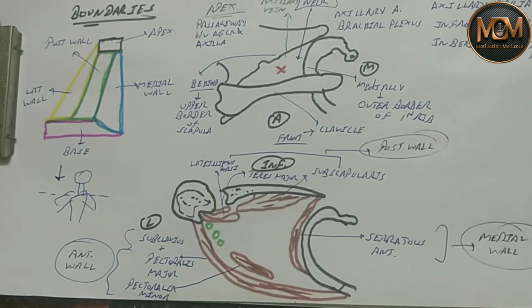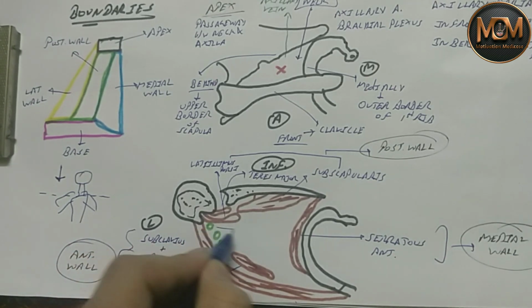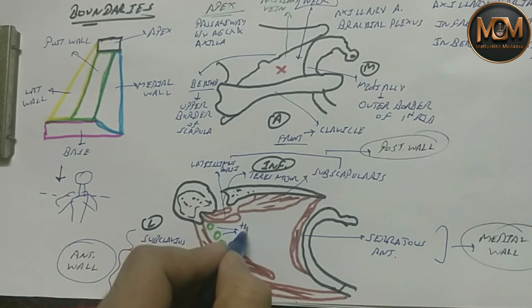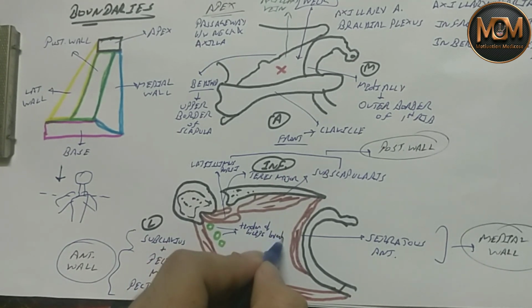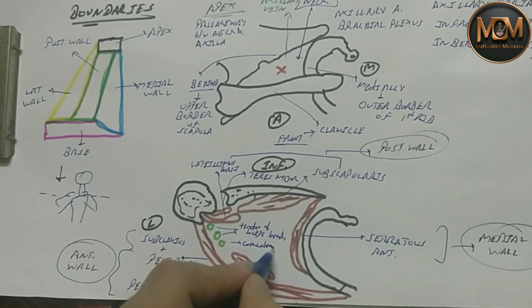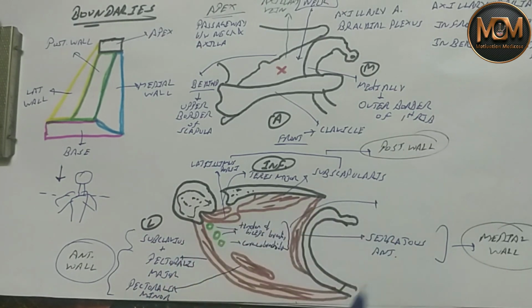And now for the lateral wall, these two are the tendons of biceps brachii, and this is coracobrachialis. So these three are going to form the lateral wall.